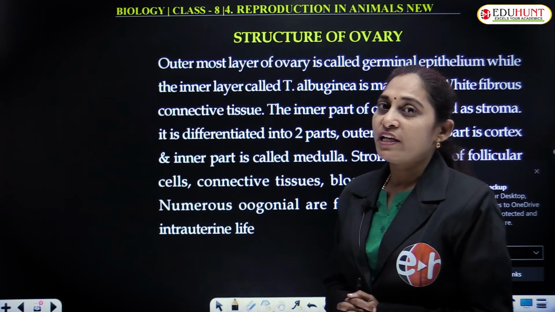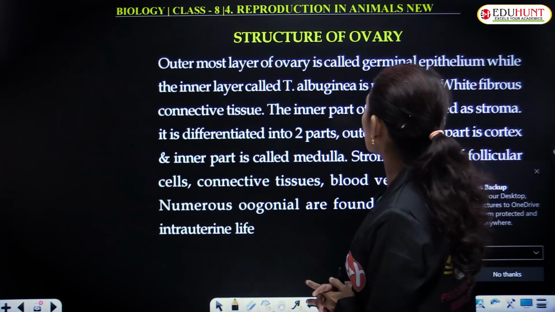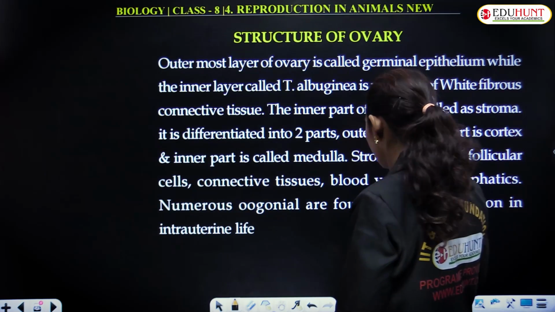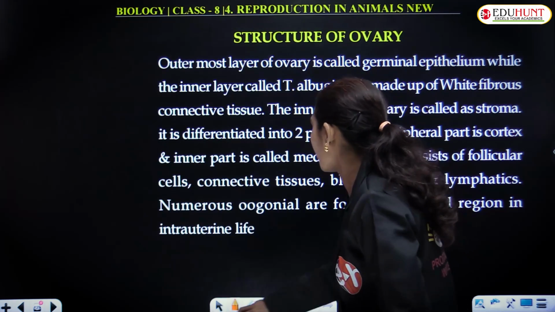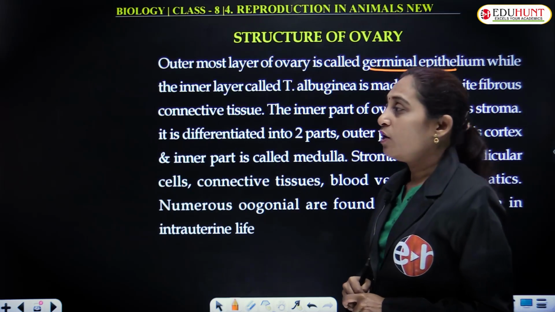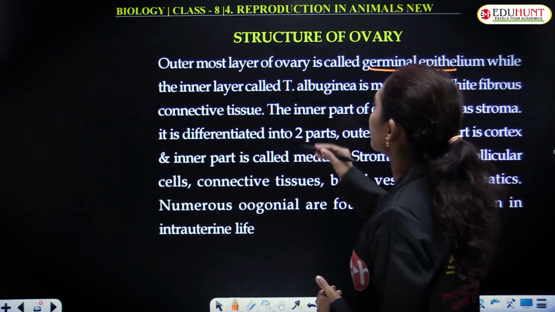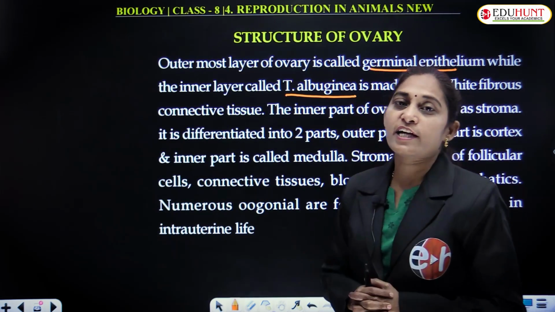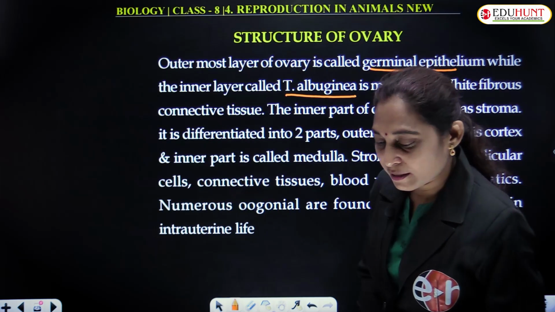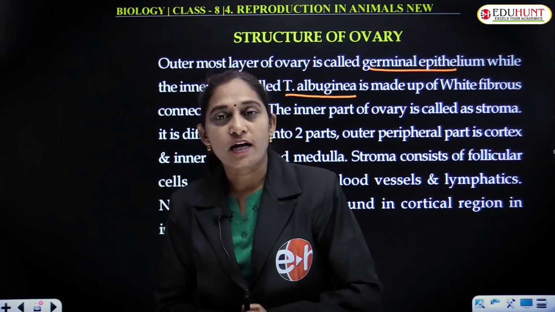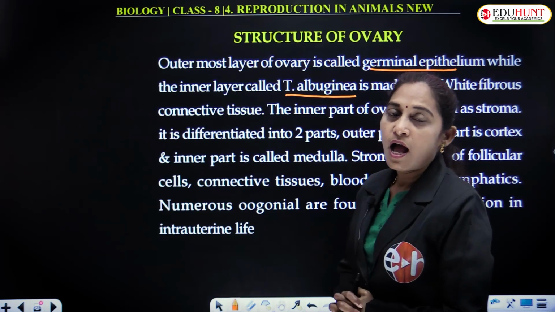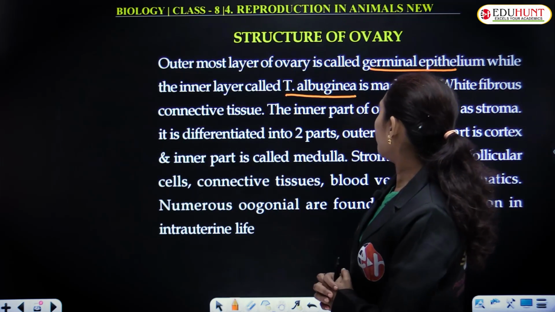The outermost layer of the ovary is known as the germinal epithelium, whereas the inner layer is called the tunica albuginea.